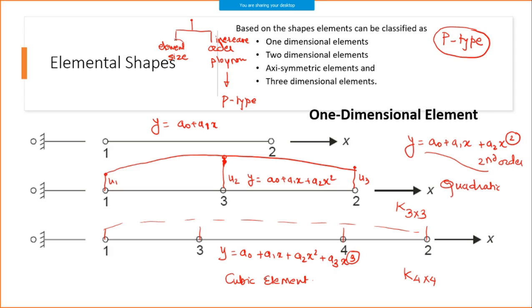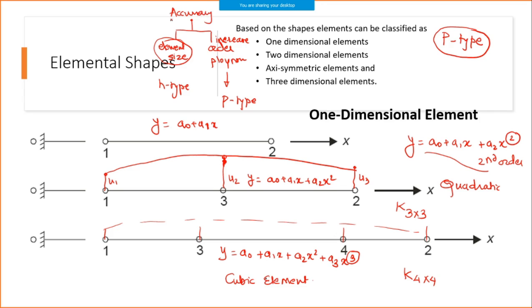And decreasing the size of the element means we keep the element as a single linear element and go for more number of elements. This type of analysis is called h-type analysis. Both methods lead to better accuracy.